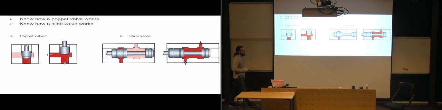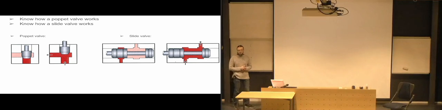They can also create pretty intricate designs, allowing you to have several switching positions and many ports, so that you can have, for example, 6 ports going out of it to different components. 1 port coming in with pressure, 1 port going out to the tank, and 4 ports going to different components if you need to. And you can also have quite a lot of switching positions and a lot of functions between those switching positions.